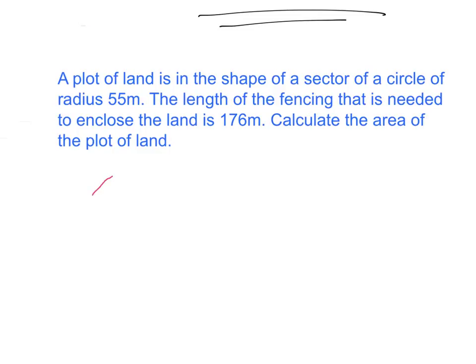So I've got a sector, which I'm going to label like this. Nice pizza slice. So my sector has a radius of 55 metres, so I can label that. Obviously the radius is going to be consistent, 55 metres.